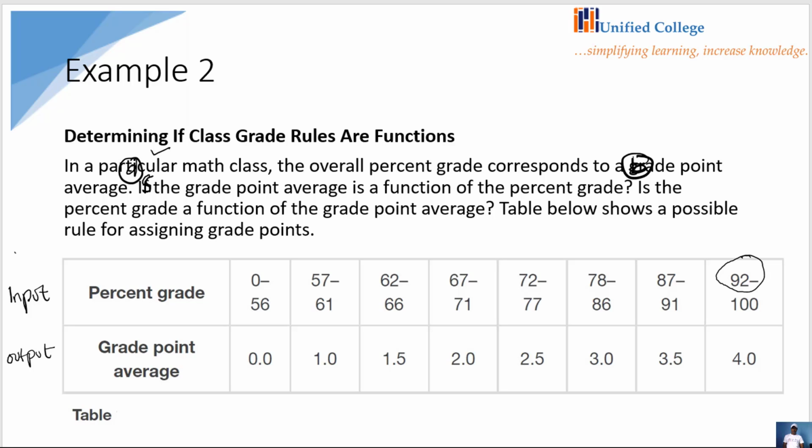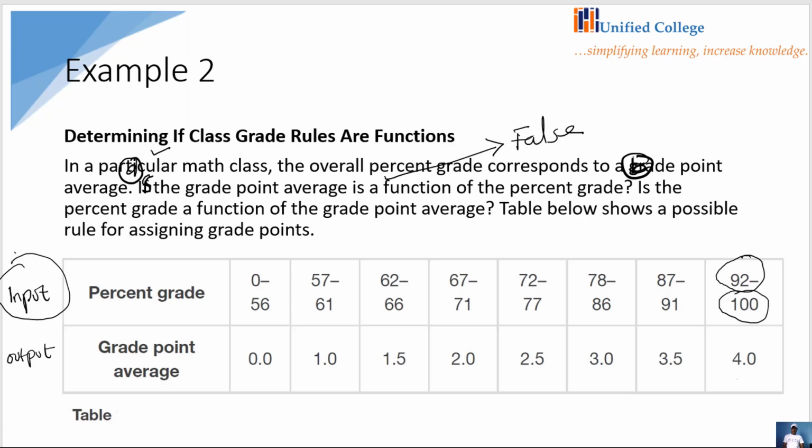If another student has a percent grade of 100, or let's say 99, the grade point average is also 4.0. So we can see that our input has been repeated for the same value of output. Hence, the first question, is the grade point average a function of the percent grade, is false.